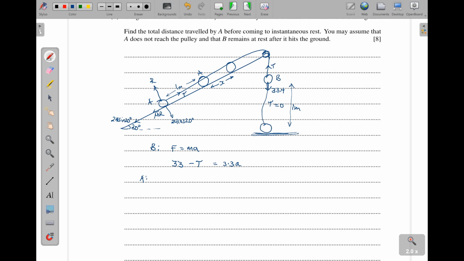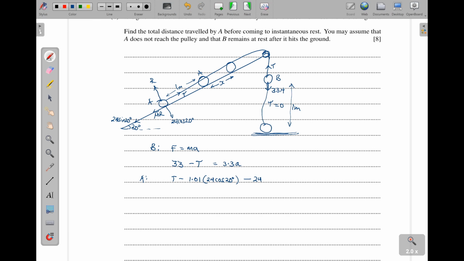We have this T here. So T minus the frictional force, which is mu R, so 1.01, and then our R is of course equal to this 24 cos 20. So I put here R is equal to 24 cos of 20. Then after that, there is also mg sine 20.